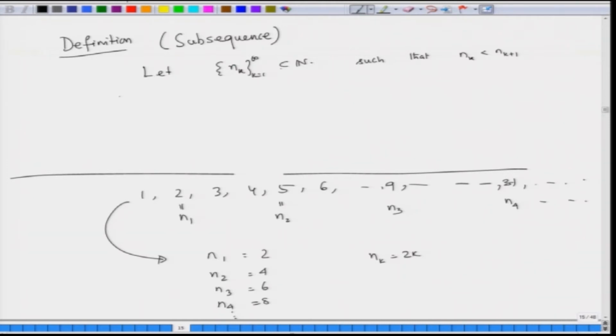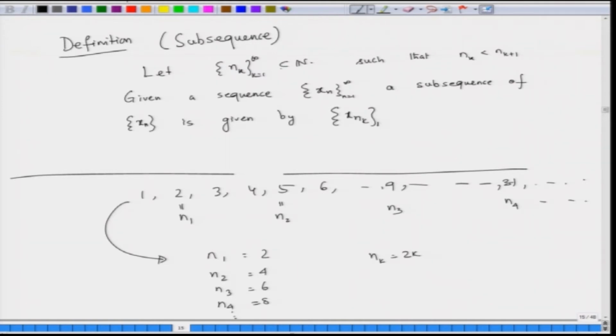So, now, given a sequence x_n, n equal to 1 to infinity, a subsequence of x_n is given by x_{n_k}. It has infinitely many terms.